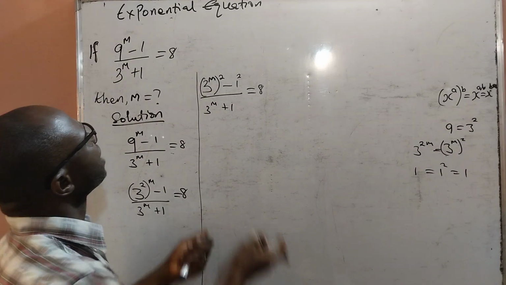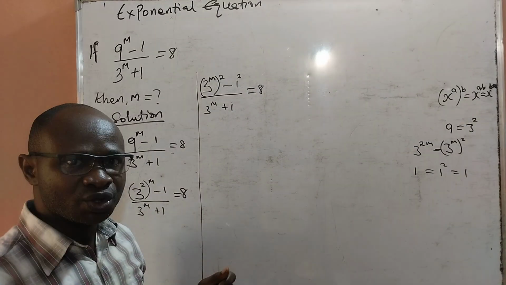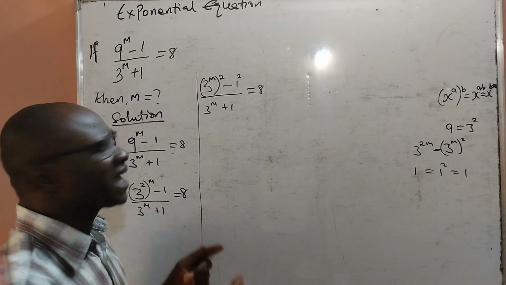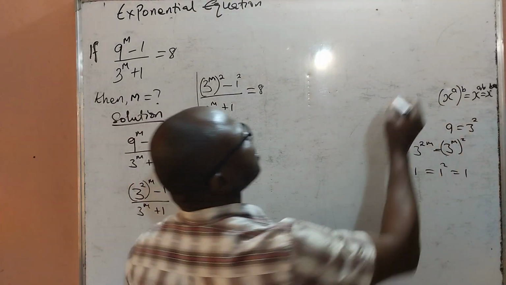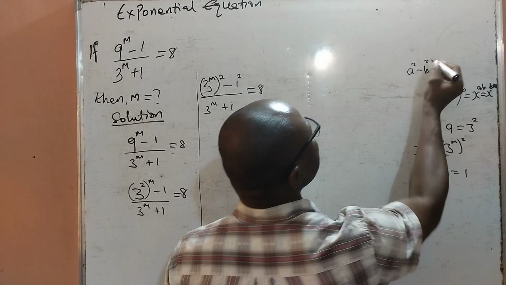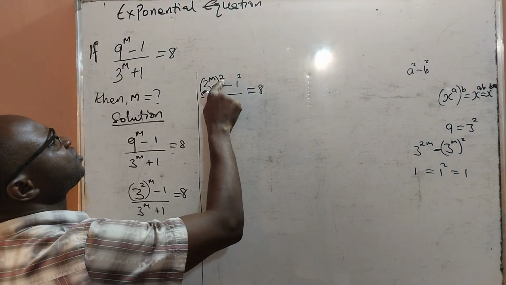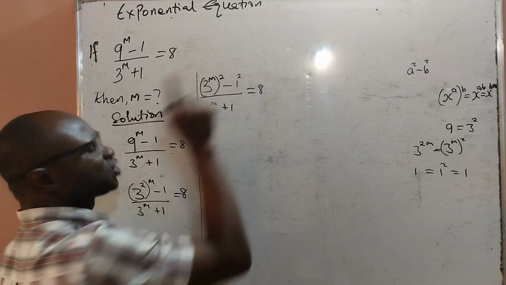Why? Because I want to observe the numerator at the left hand side to be something I can solve using difference of two squares. And what does difference of two squares say? It says that a raised to power 2 minus b raised to power 2, the first term raised to power 2 minus the second term raised to power 2, is equal to a minus b multiplied by a plus b.